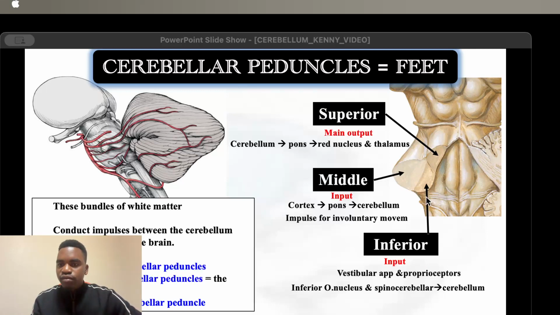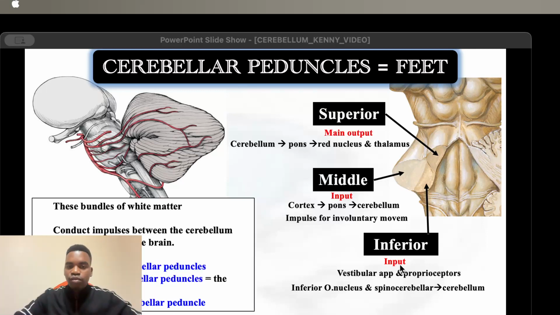But information from the vestibular apparatus and some parts of the spinal cord will come through the inferior cerebellar peduncle. So, vestibular apparatus and proprioception throughout the body.